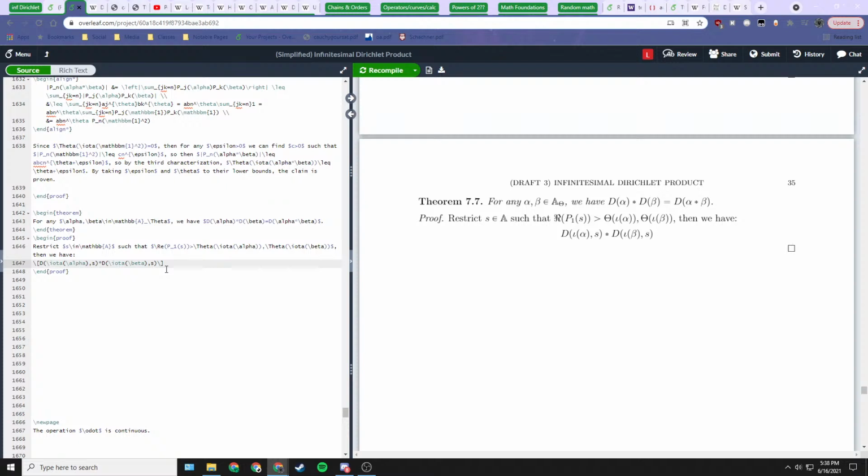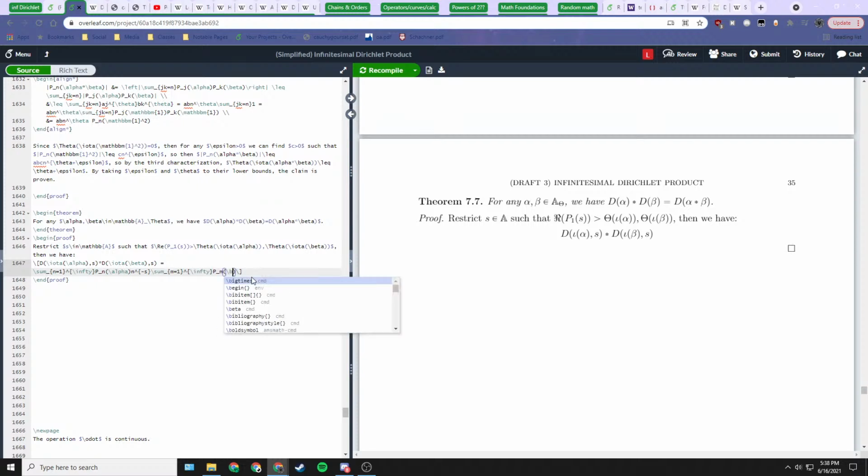Okay, so we have this product. So this is equal to, so we're going to do out the summations. So we'll do n equals 1 to infinity, we have n power minus s, and then we have p sub n of alpha. And we're actually multiplying this by the summation m equals 1 to infinity of p sub m of beta times m power minus s.